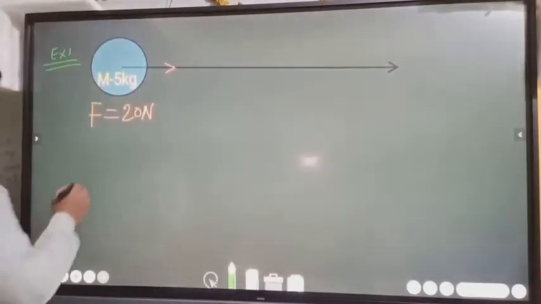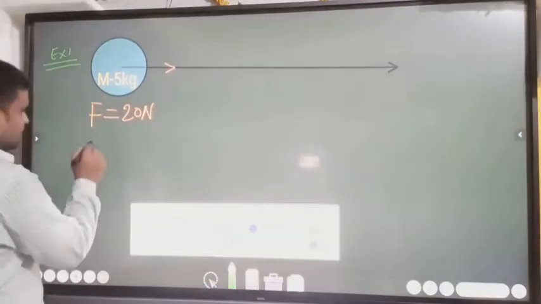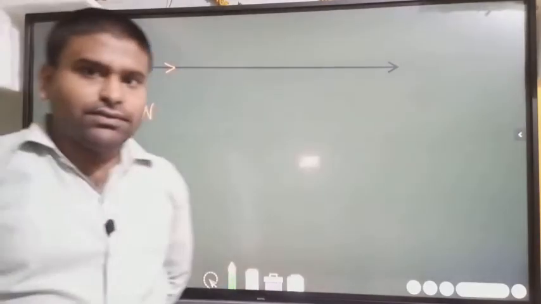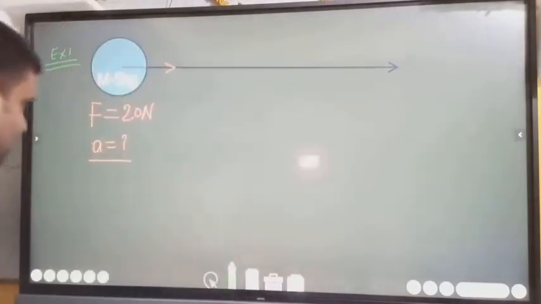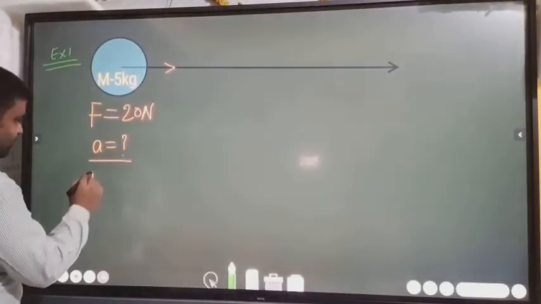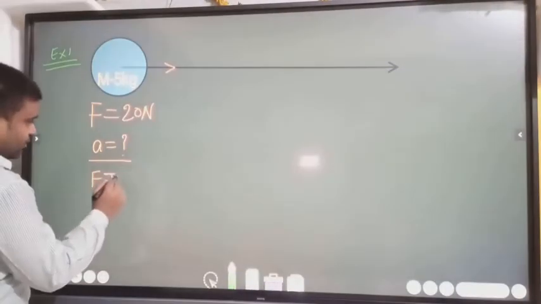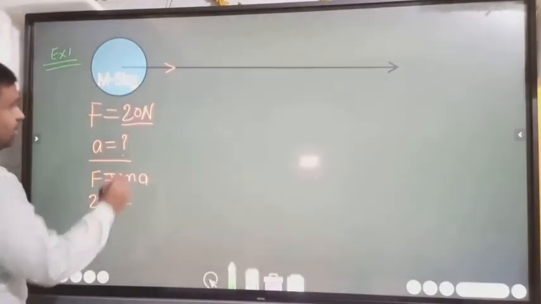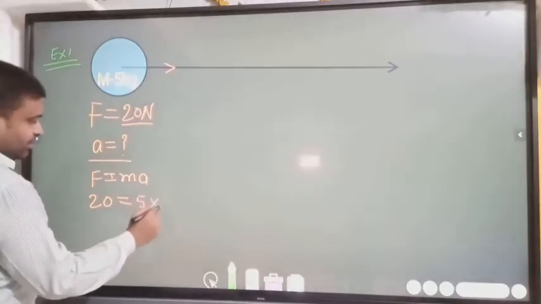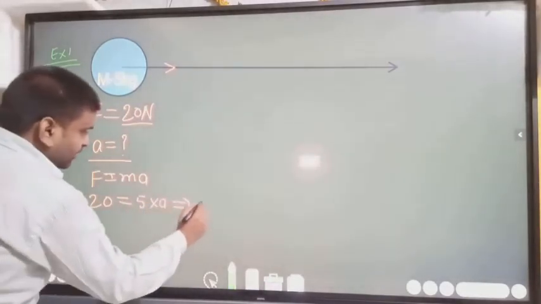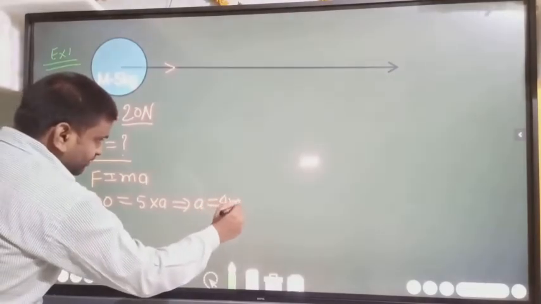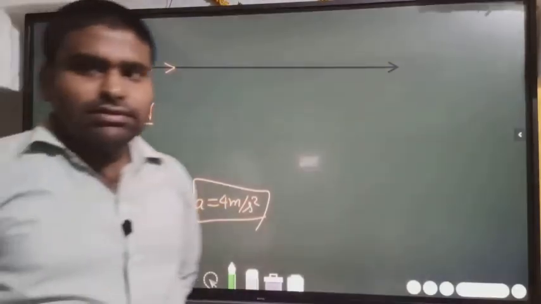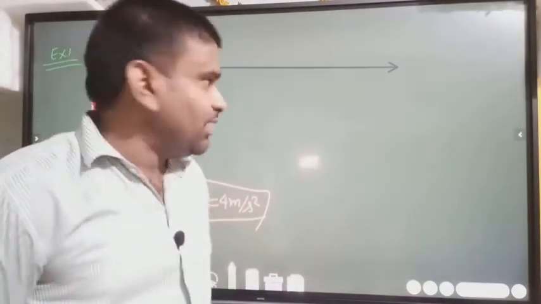You have to find the acceleration of this body, A. So you will write F equal to ma. F you have been given as 20 Newton, m is 5 kg, into A. So from here you can write A is equal to 4 meter per second square. This is a very simple problem.